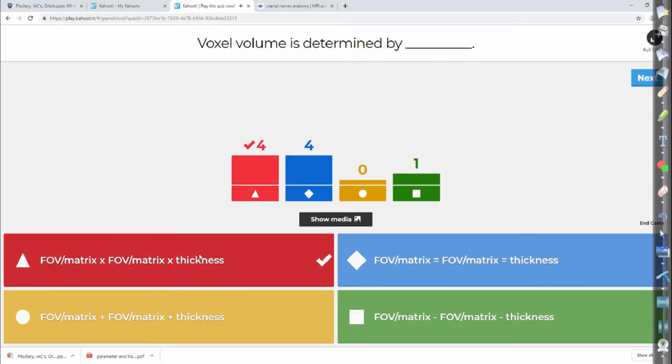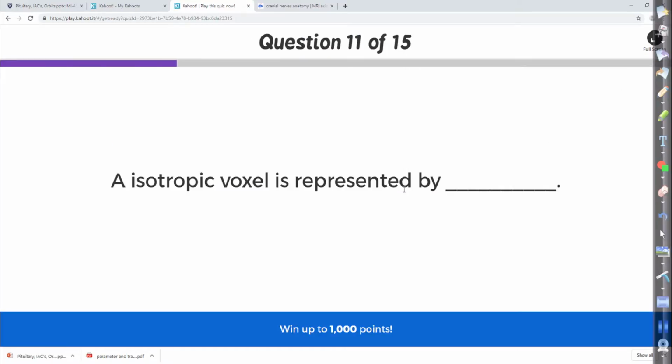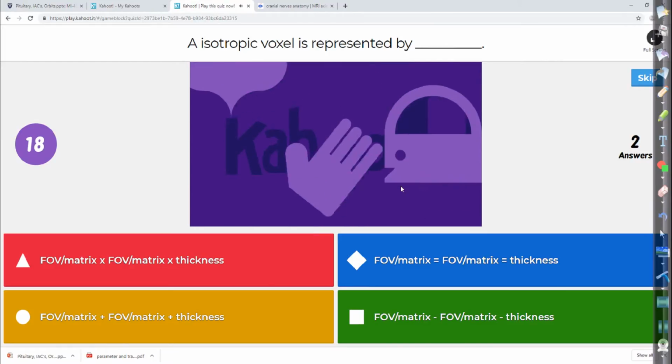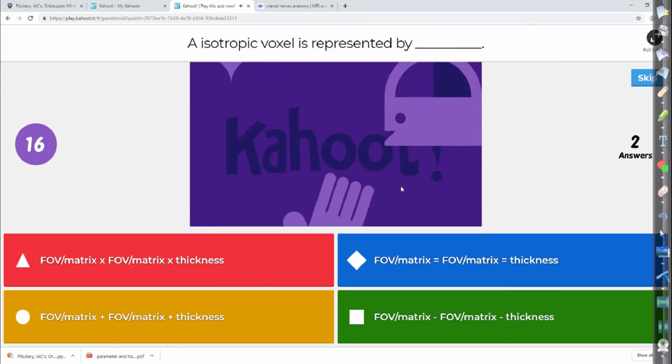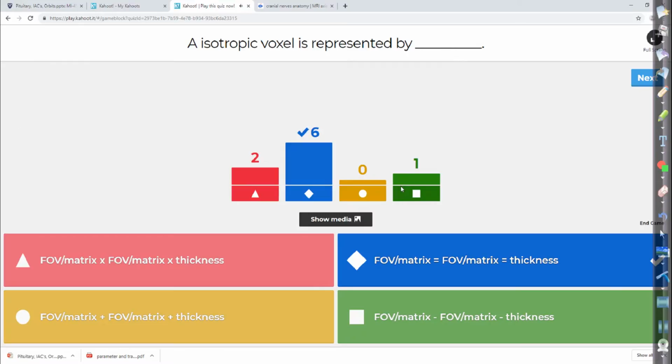Voxel volume, this equation. All sides equal.